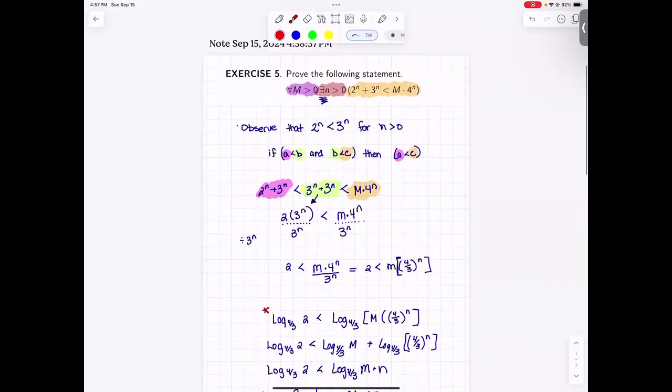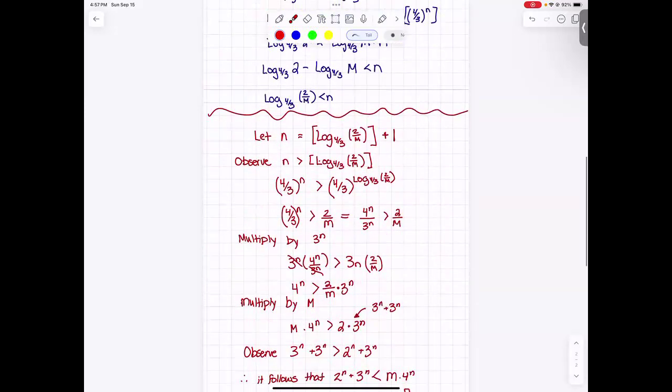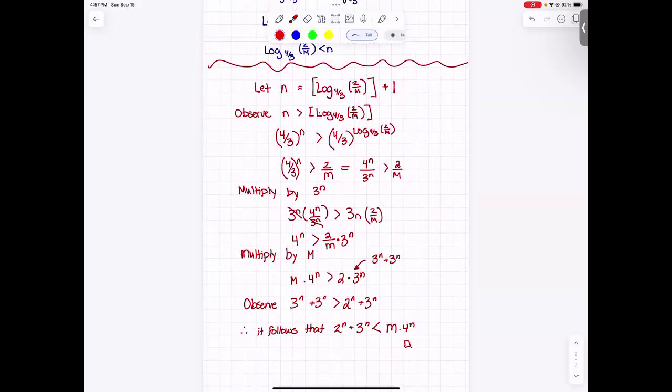And then one step before that, sorry, we were right here. We want to get back into the same form, which is 2 times 3 to the n less than m times 4 to the n. So after we've multiplied 3^n in to get back to that previous form, we already have that 4 to the n. We already have that 2 times 3 to the n. The only thing that's missing is getting that m back to the other side, so multiply m back. After doing so, we do get this position.